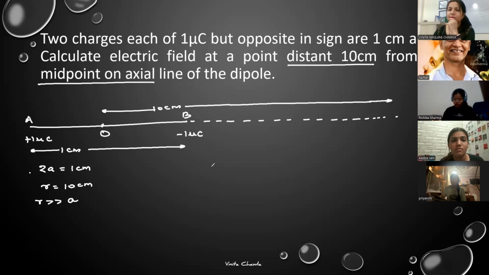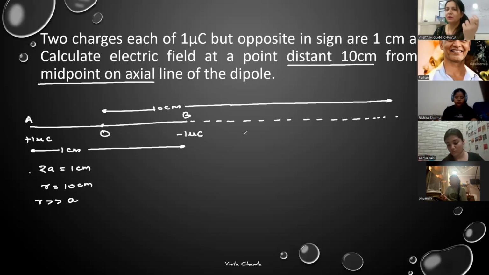What is the formula? You can use the concept as well if you do not remember the formula, because we add electric field intensities by the superposition principle, right? It is a vector sum of individual electric field intensities because of the charges present in the system, right? So you can use the concept if you do not know the formula, or you can directly apply the formula here.